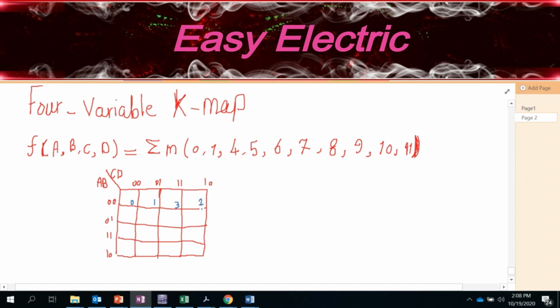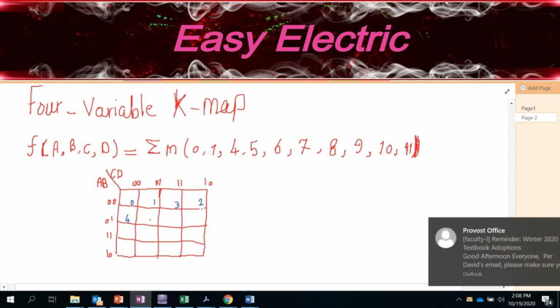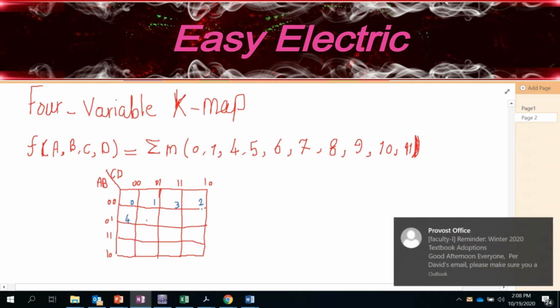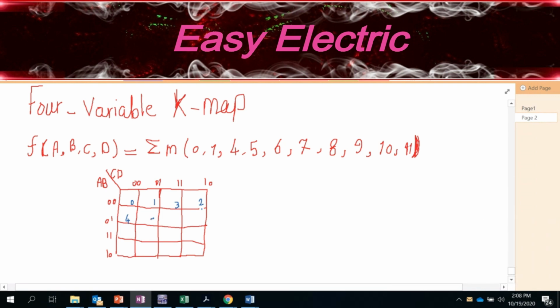Okay. So how about this? Just B is 1, should be 4. How about this? Should be 5. How about this? Should be 7. How about this? Should be 6. How about this? Should be 12, 8 plus 4. How about this? Should be 13. How about this? Should be 15.